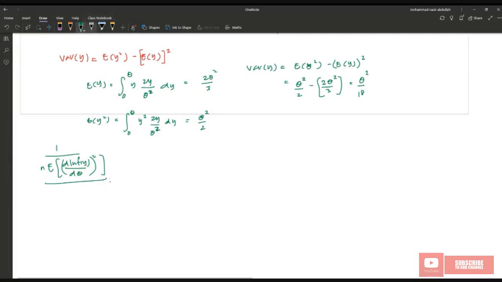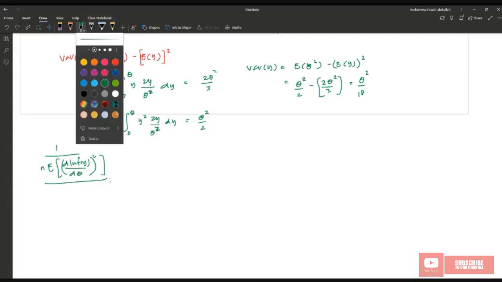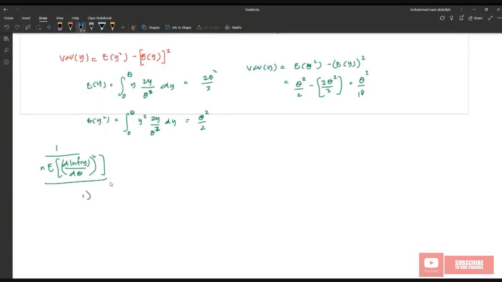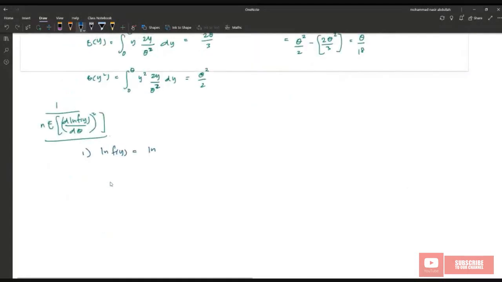So first step, determine the ln f(y). So ln f(y) is ln of 2y divided by theta squared.